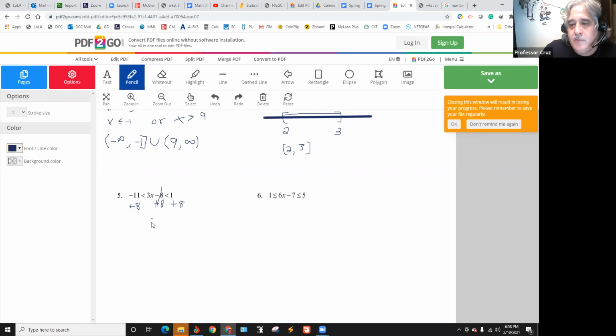So that's... oops, it's not an equal sign. And then this is what? Let's see. -3, right?